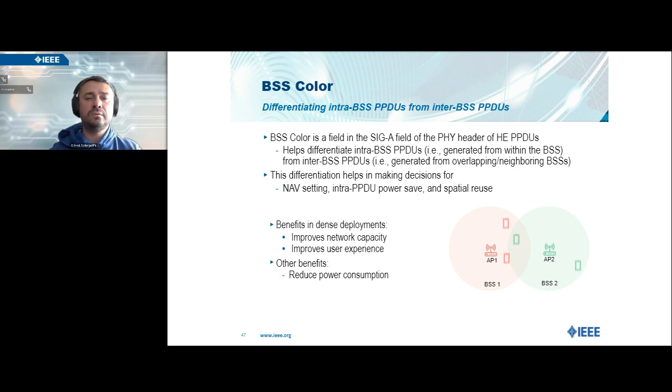So you do not have to defer over a particular PPDU that you could reasonably transmit on top of without causing interference. And of course, other benefits as well, for example the power consumption reduction, because if you receive a PPDU from your own AP that is addressed to somebody else, you might as well just go to doze state during that time instead of staying awake.